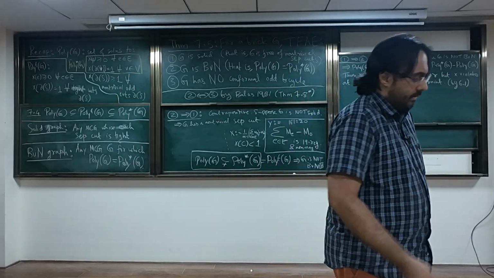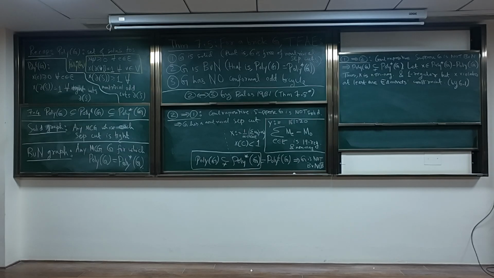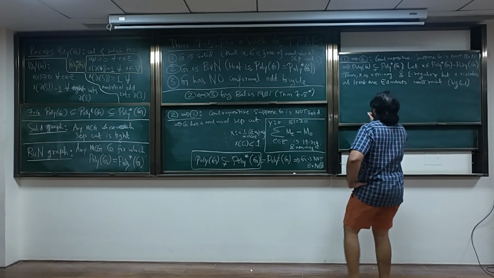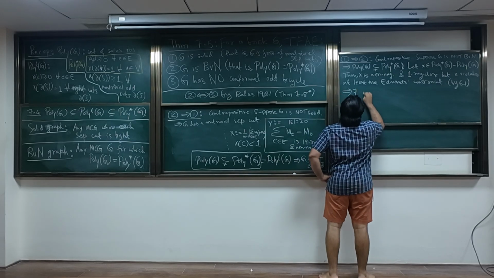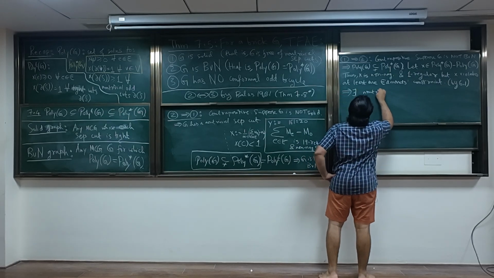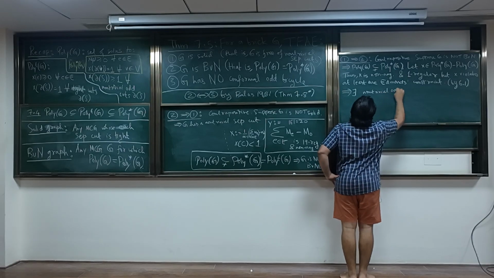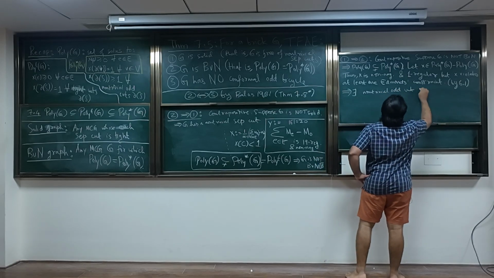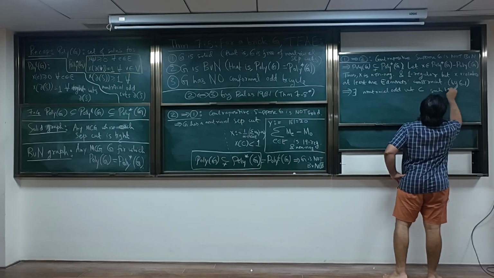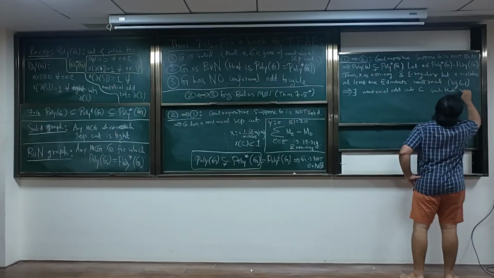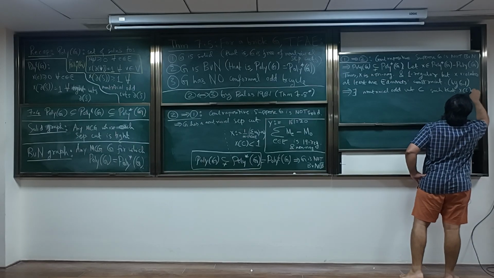So there's a non-trivial odd cut in the graph for which x of C is less than 1. That's what it means. This implies that there exists a non-trivial odd cut C such that x of C is strictly less than 1.